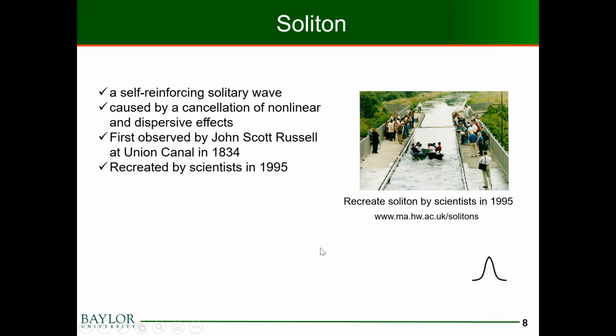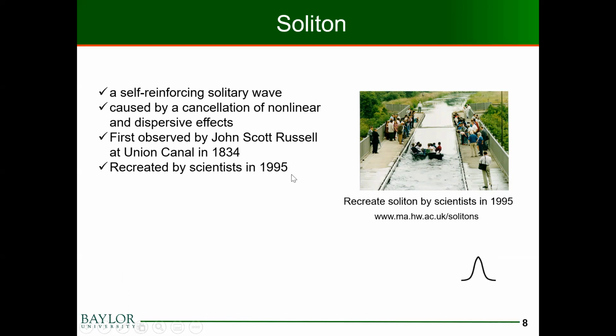It was first observed by John Scott Russell at the Union Canal in 1834, a long time ago. There, he saw a horse dragging a boat, and it caused a wave. The wave in the water does not change shape over a long distance. Of course, the amplitude does decrease, right?